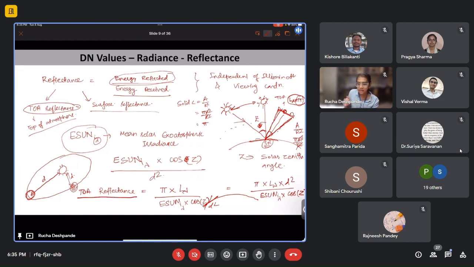We assume that it's a Lambertian surface, and it reflects the radiation that it receives in all the directions equally. So to account for the direction which is towards the sensor, we do this correction. We calculate the radiance per unit solid angle. I mean, this is as per my understanding. If it's not clear, I'll check it once again and confirm it in the next class.